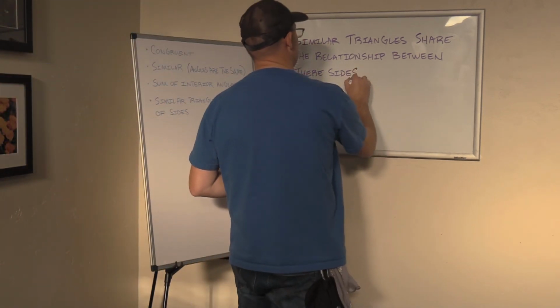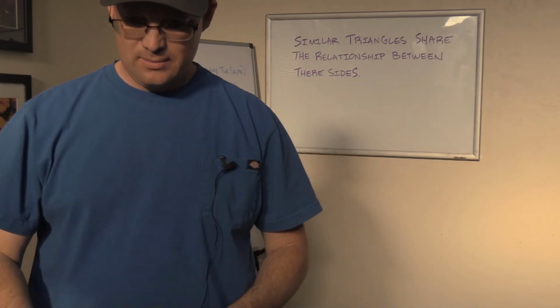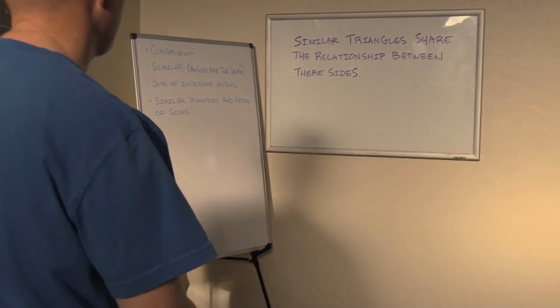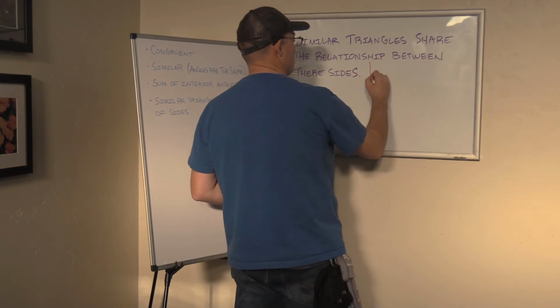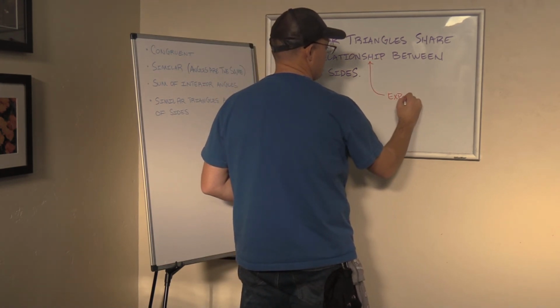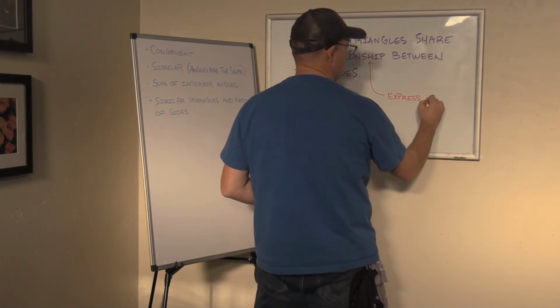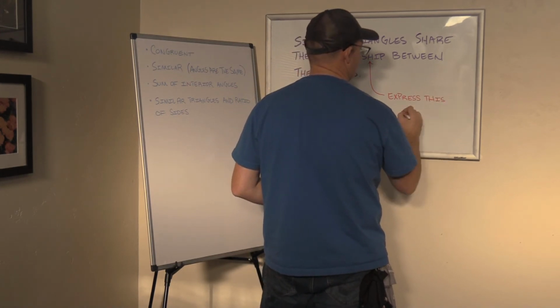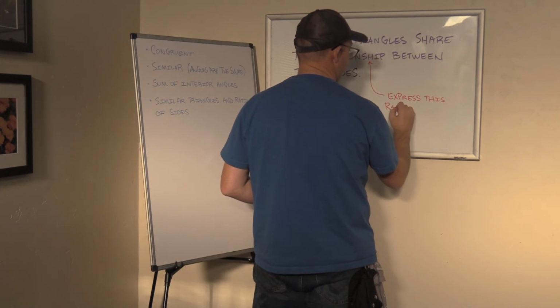And we learned that we can express this relationship as ratios and solve for missing sides.